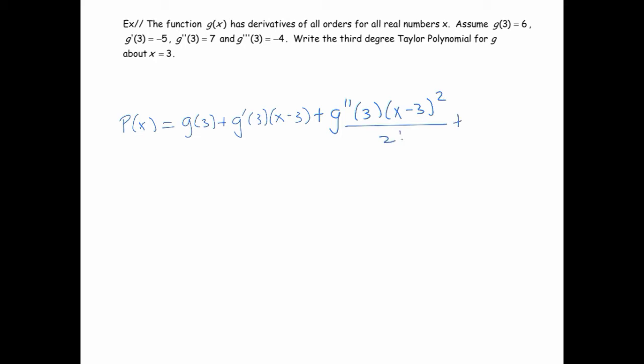So our polynomial is going to be g of 3 plus g prime of 3 times x minus 3 plus g double prime of 3 x minus 3 squared over 2 factorial plus g triple prime of 3 x minus 3 cubed over 3 factorial.